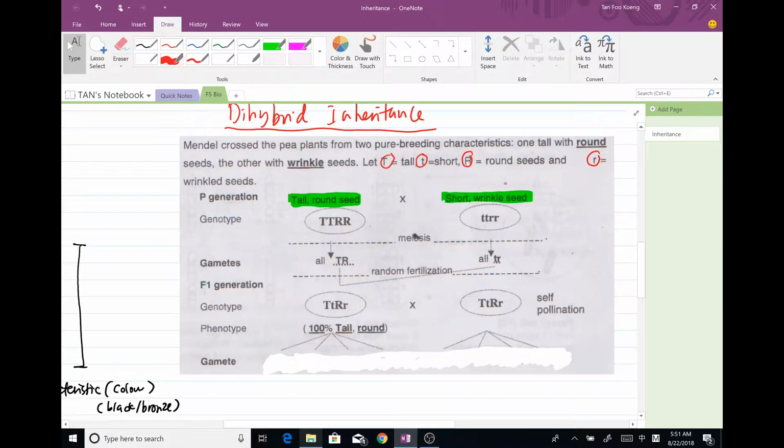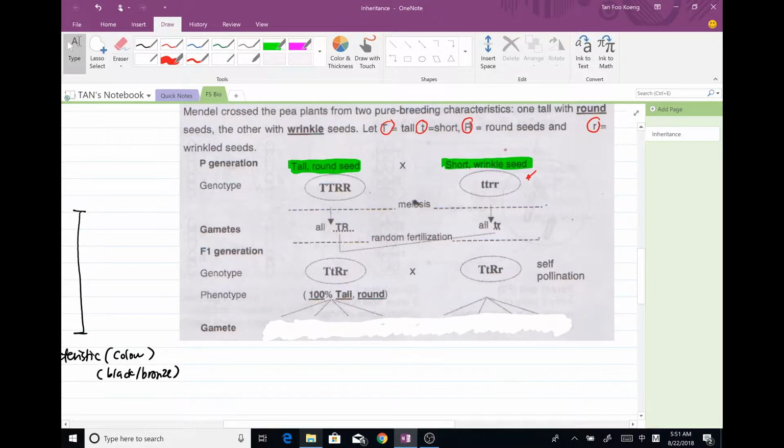Since they are both pure breeding plants, the genotype of the tall and round plant would be big T, big T, big R, big R. For the short and ringed seed plant, the genotype must be small t, small t, small r, small r.